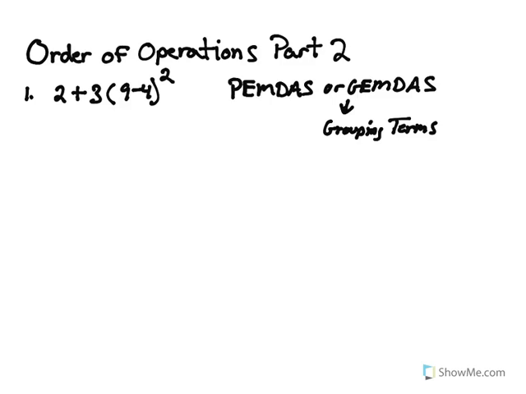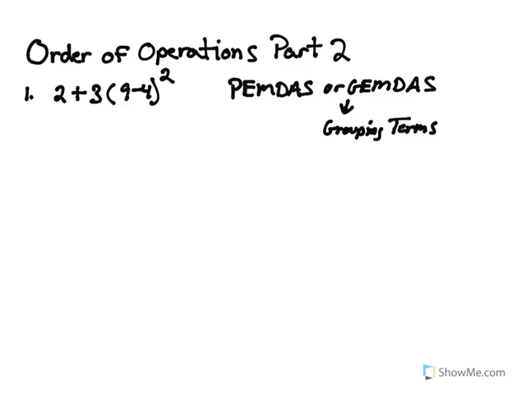You could get brackets, braces, square roots, absolute values, and reduced fractions, fractions that need to be reduced. So that's why GEMDAS is also used, okay? But it's the same thing.